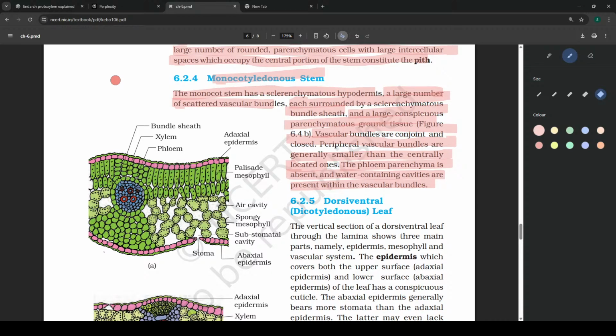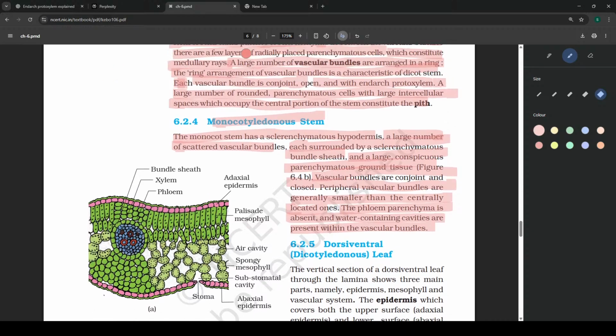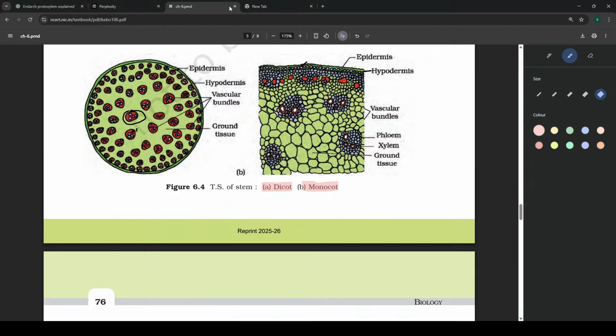Each of the vascular bundles is surrounded by a sclerenchymatous bundle sheath. Like here, these faces are covered by sclerenchymatous sheaths.